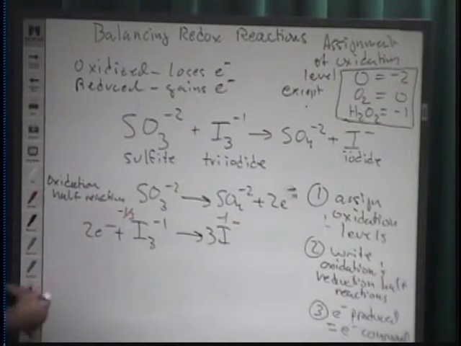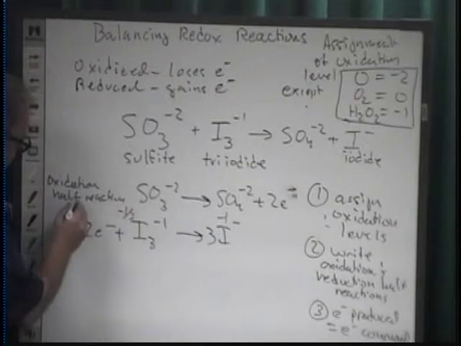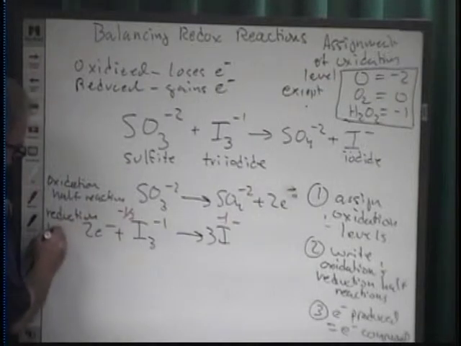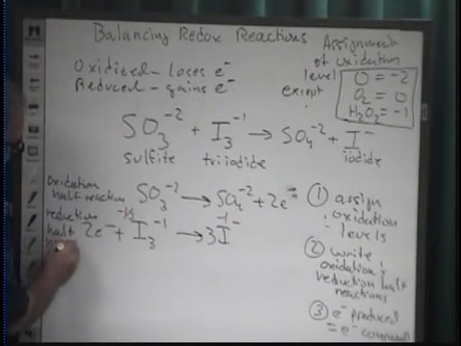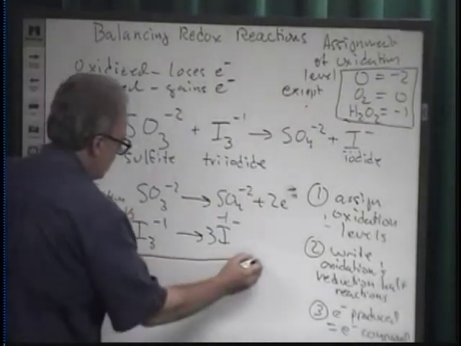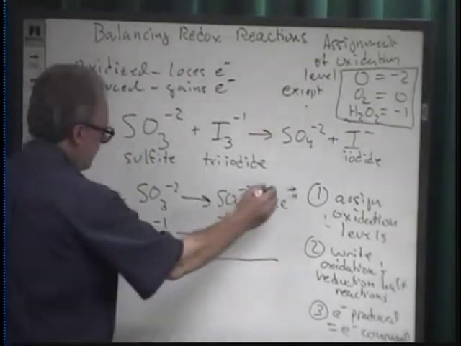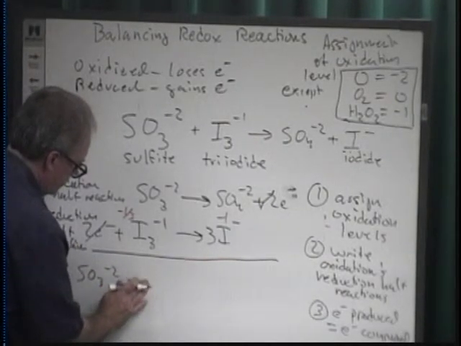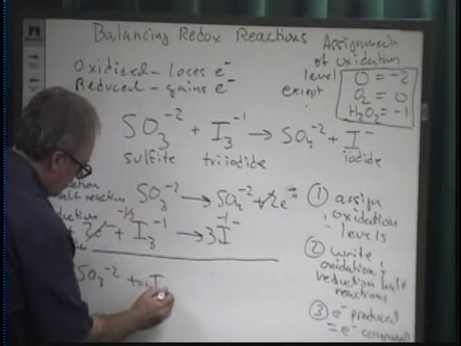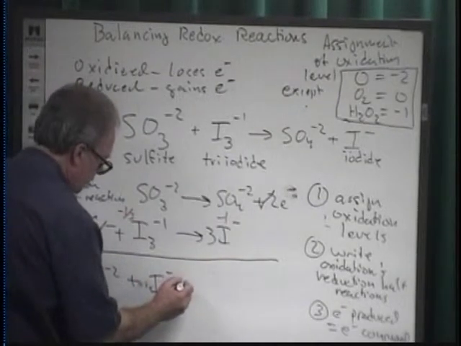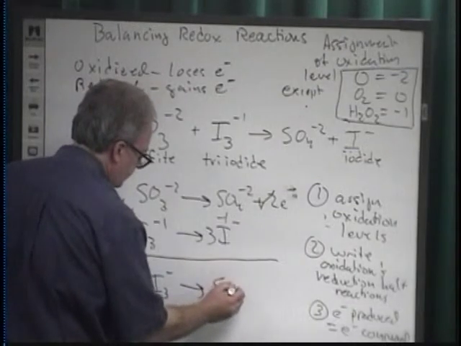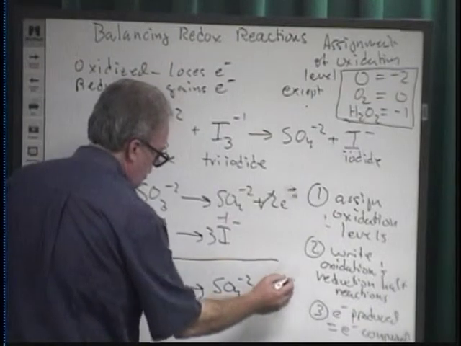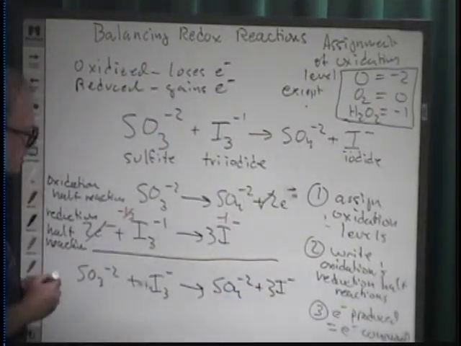So we can just add without multiplying the half reactions. This would be the oxidation half reaction, this is the reduction half reaction. Just add these together, the electrons will cancel, and we have 1 molecule of sulfite plus 1 molecule of triiodide going to 1 molecule of sulfate plus 3 iodide ions, okay?